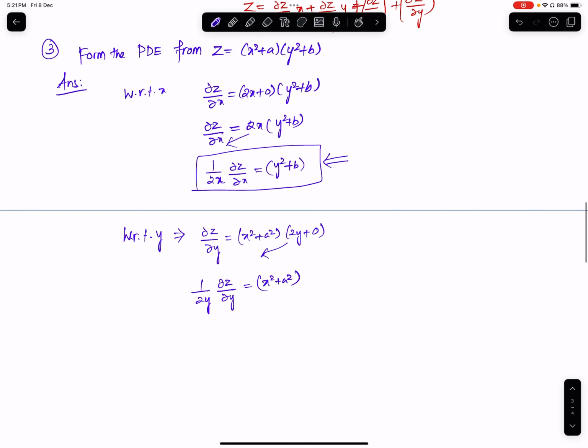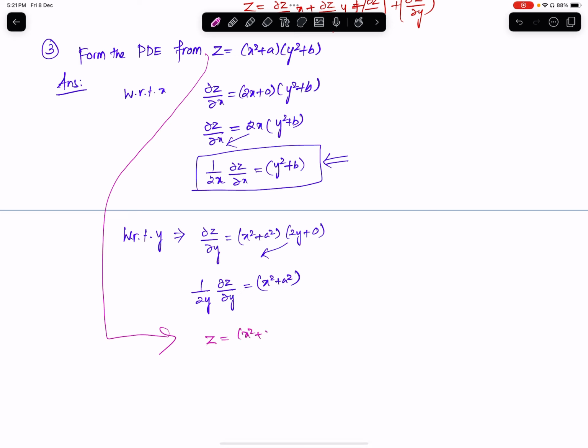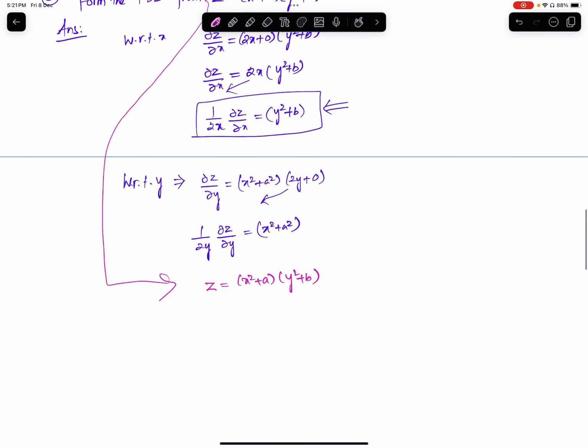Now take the given function. So z is equal to x square plus a, y square plus b. So what is x square plus a? Here it is not a square, just a.